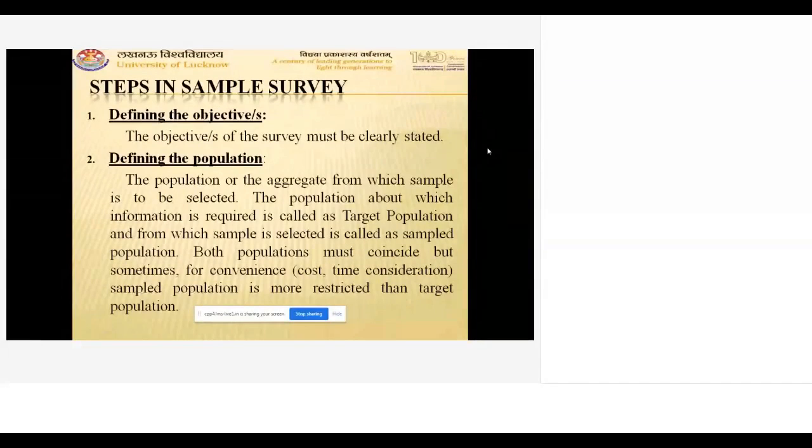So in that case, those parts of the country will be excluded. The remaining part will be called the sampled population. Both populations may coincide, but for convenience, the sampled population is more restricted than the target population.